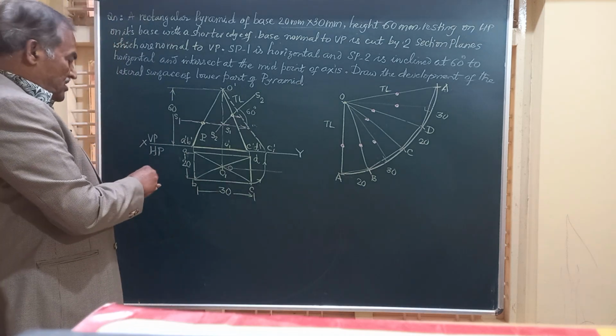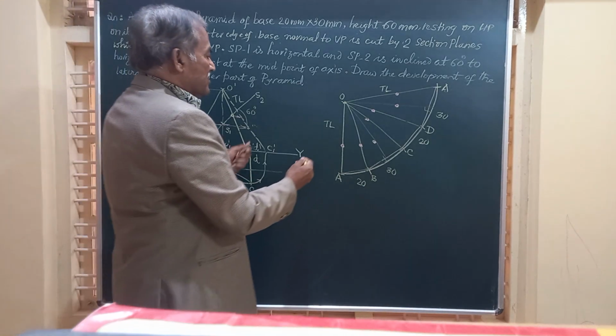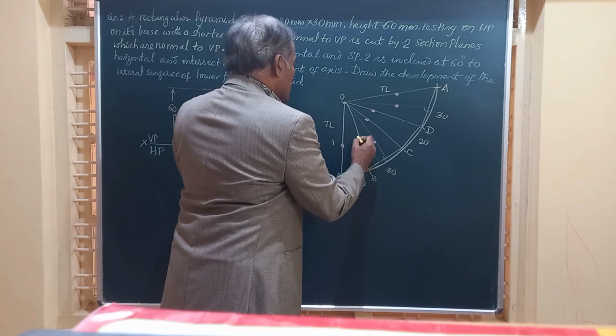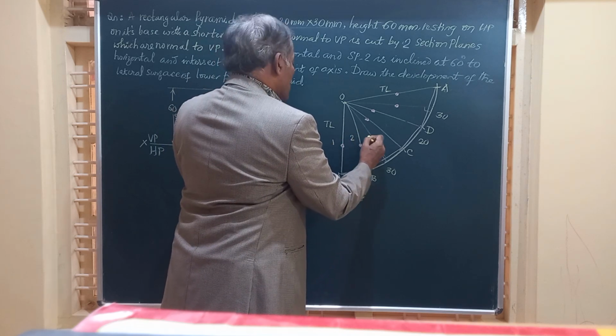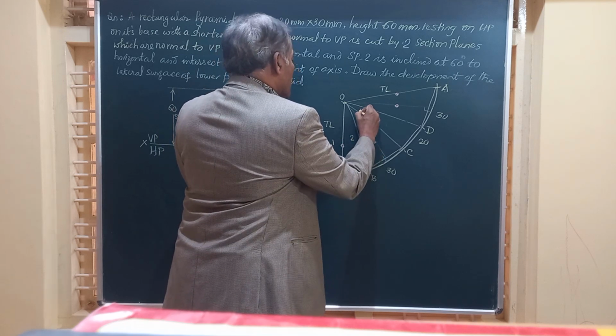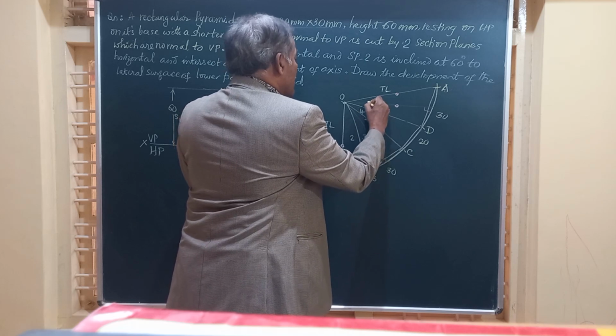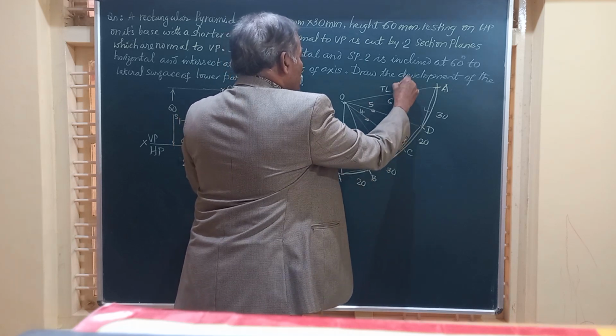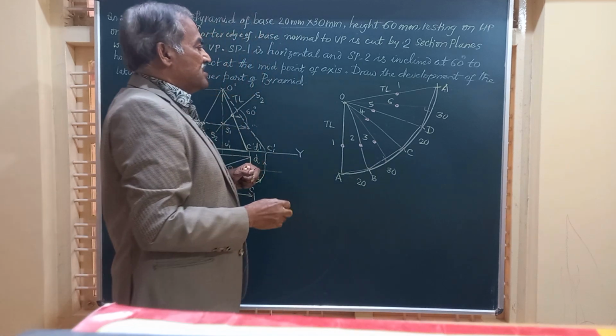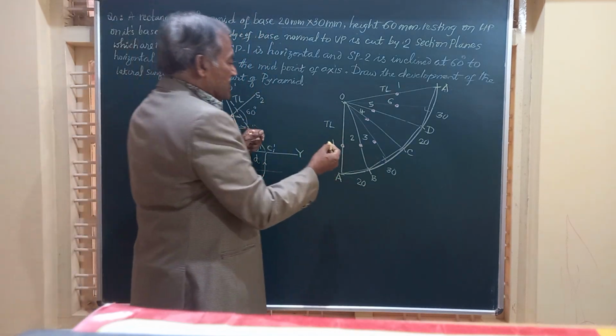So friends, we have got so many points, let us number them. 1, this is 2, this is 3, 4, 5, 6 and 1 again, because 1 is on OA. Let's join them by straight lines.